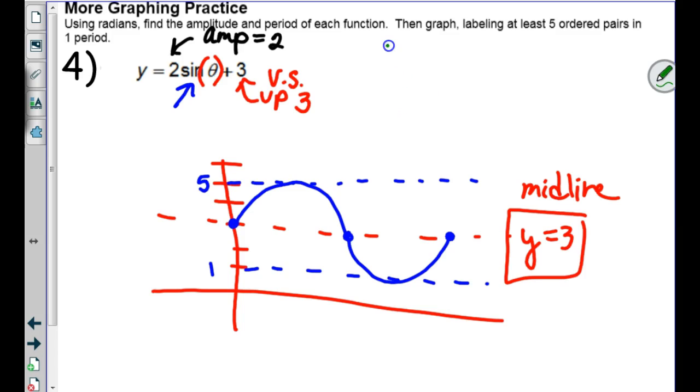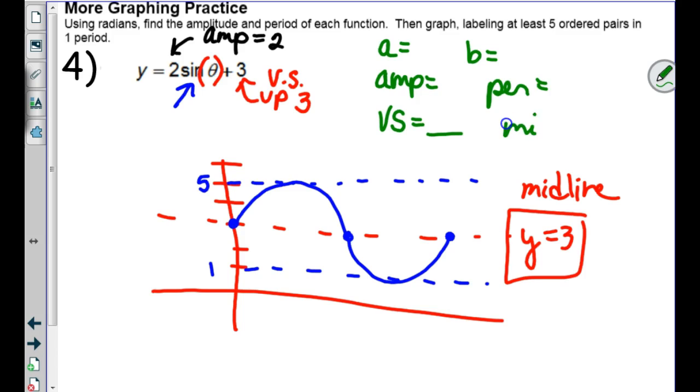So on a quiz, it might say this: A equals, B equals, amplitude equals, period equals, vertical shift equals, midline equals. All right.